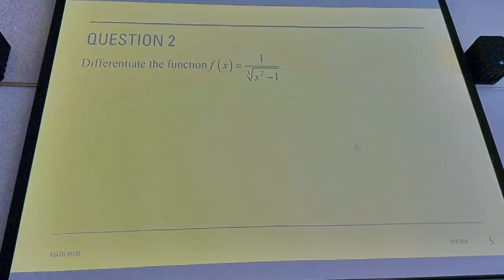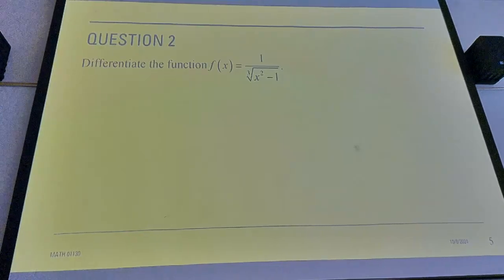Here, on the other hand, chain rule is required. You cannot simplify the cube root of x squared minus 1. You could theoretically write it as a product. Cube root of x plus 1, cube root of x minus 1.